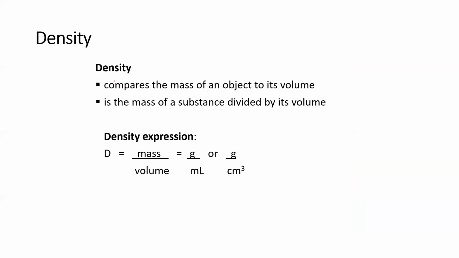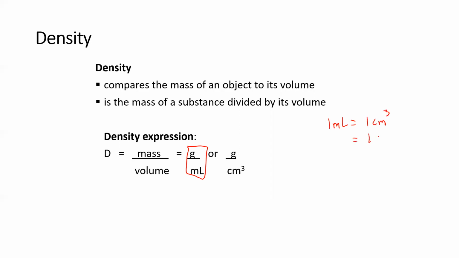Typical units are grams per milliliter or grams per centimeter cubed. Again, you could have pounds per liter. But in a science lab, we're not really measuring pounds and we're not typically measuring liters. Grams and milliliters are more common. And remember, 1 milliliter is equivalent to 1 centimeter cubed.